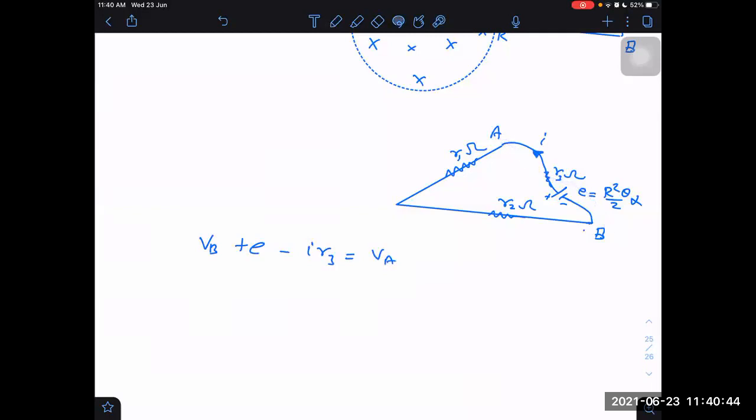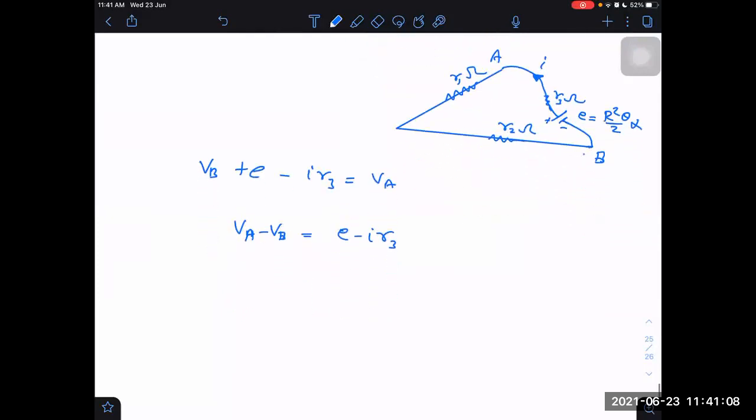Yes, sir. So now what we get is VA minus VB, the potential difference between A and B. I will take VB to the other side. What is VA minus VB? That is equal to E minus I into R3, right? And what is I, by the way? I is equal to total EMF divided by the net resistance, R1 plus R2 plus R3.